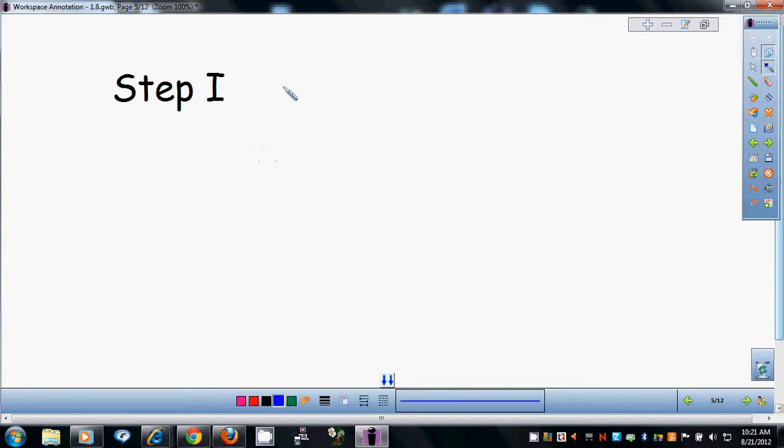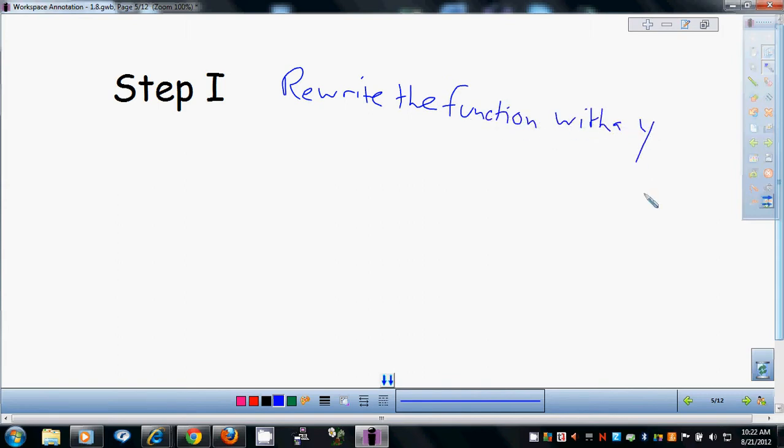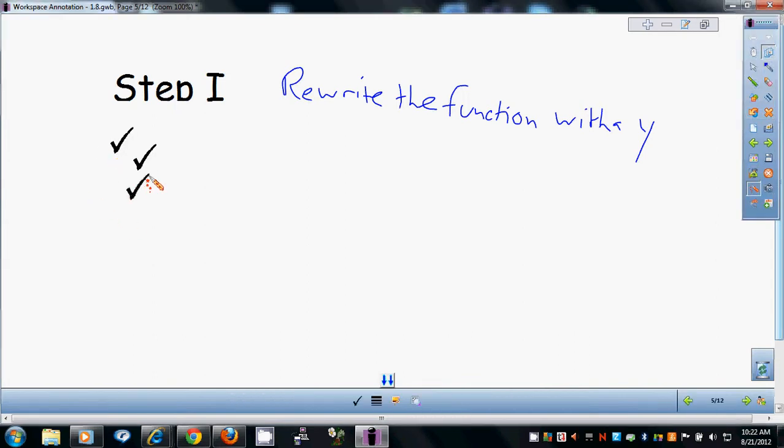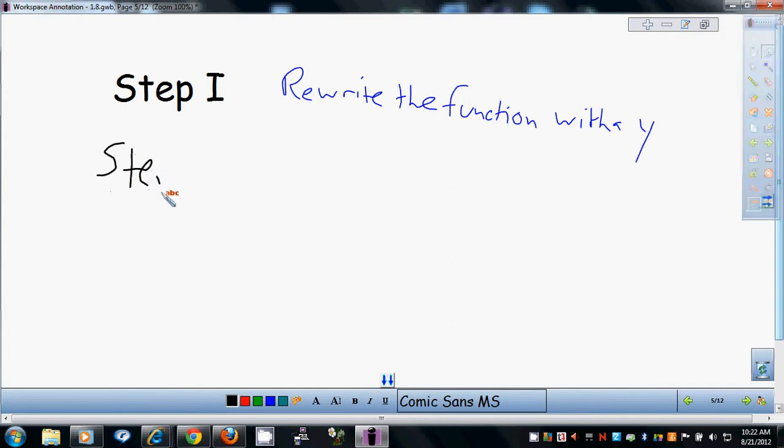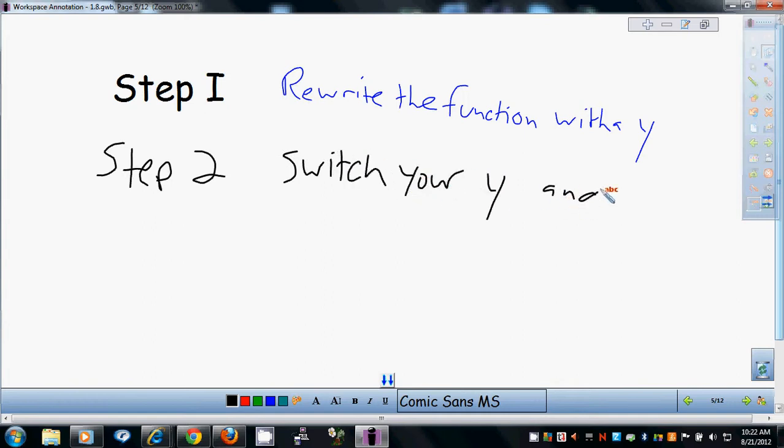All right, step 1: rewrite the function with a y. Step 2: switch your y and x.